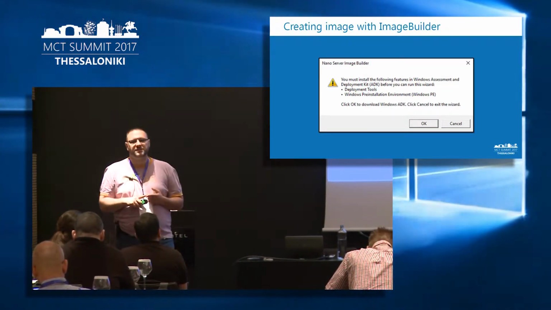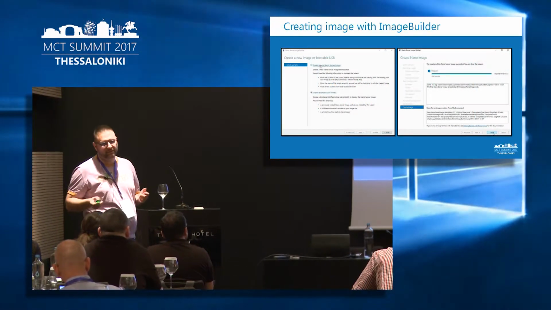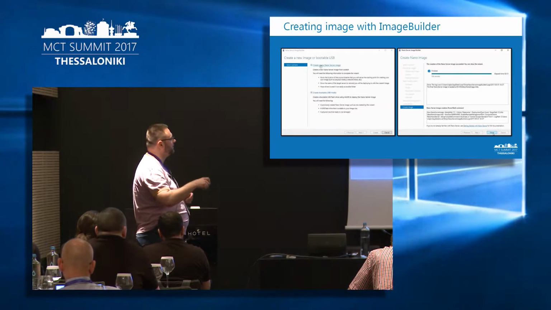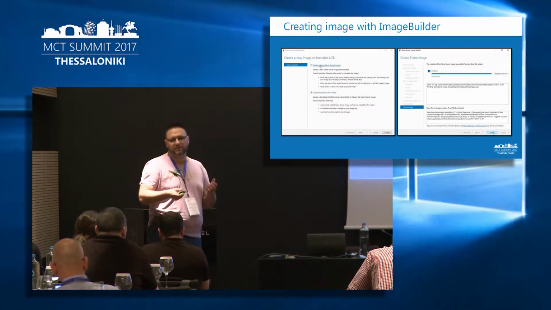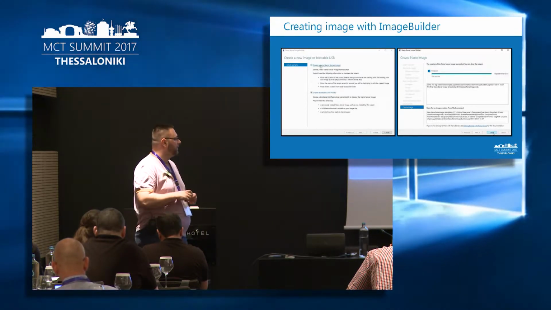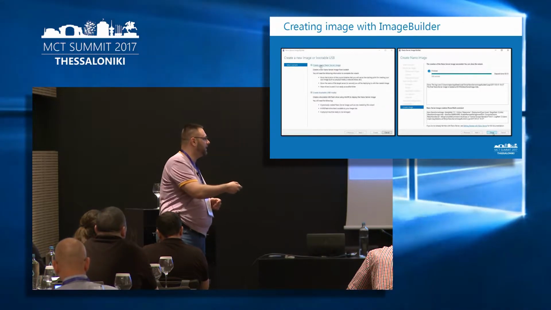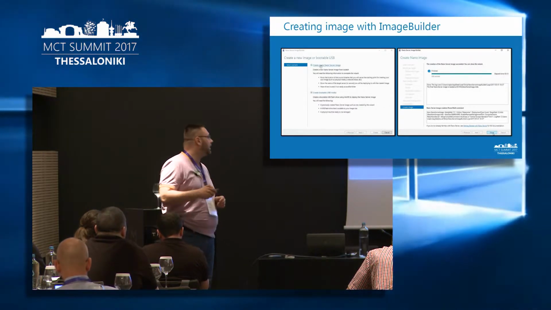We have two options, create bootable media or a new image. If you don't have ADK installed, you will get this error message when you try to start Nano Image Builder. You can see we need deployment tools, WinPE. Click OK to download, install, and everything will be OK.